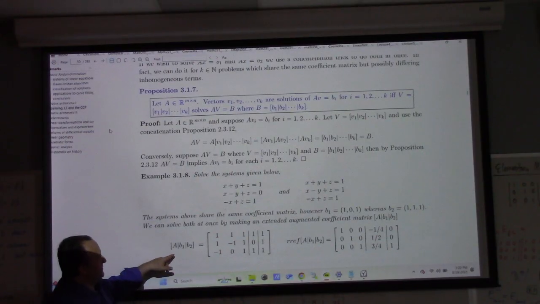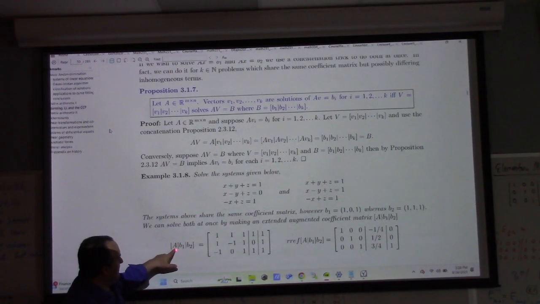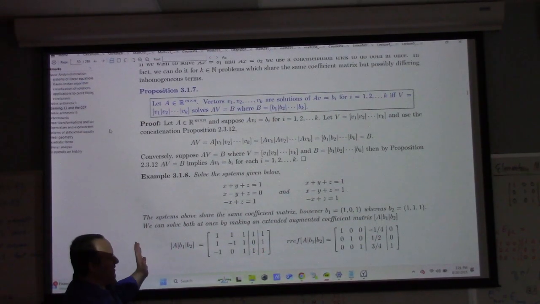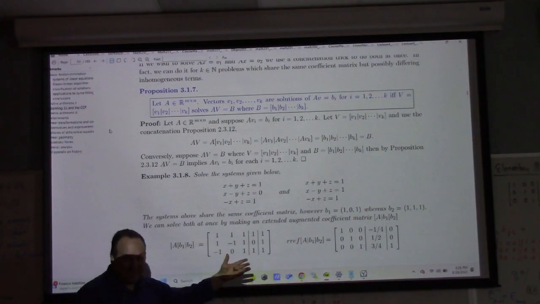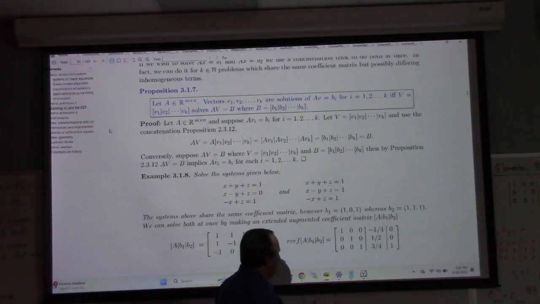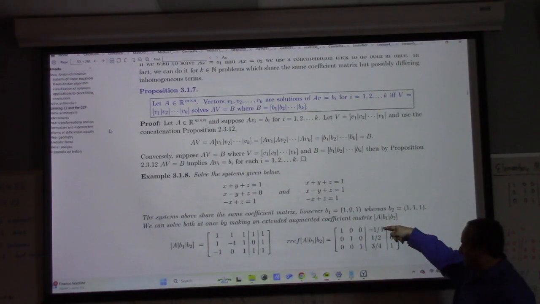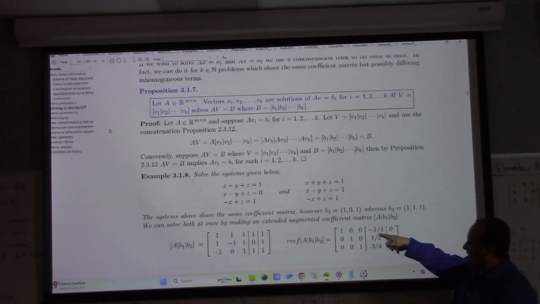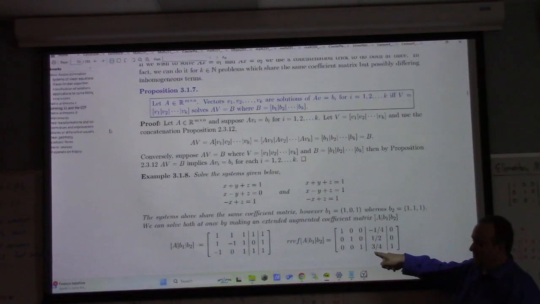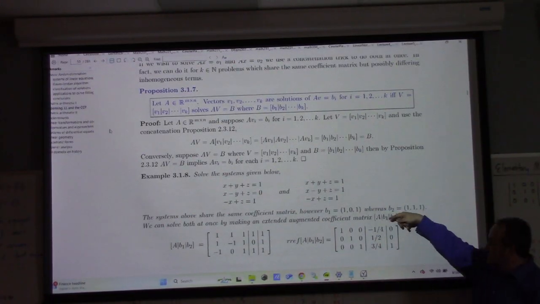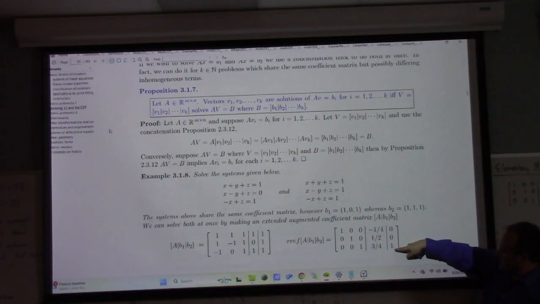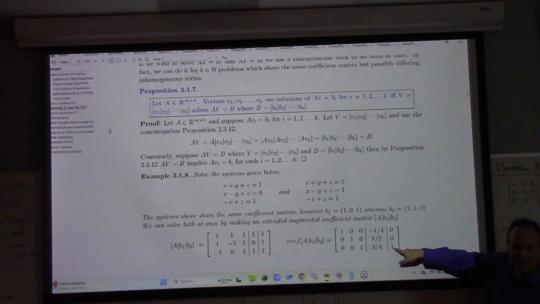And so what happens is you can just say, okay, here's the so-called extended augmented coefficient matrix. I take the coefficient matrix, and instead of just augmenting by 1 inhomogeneous term, I do by 2. And I can just do one fell swooping row reduction on the whole thing and solve both of them at once. And in so doing, I find the solution to the first system is x is minus 1/4, y is 1/2, z is 3/4. And the solution to the second one is x equal to 0, y equal to 0, z equal to 1.